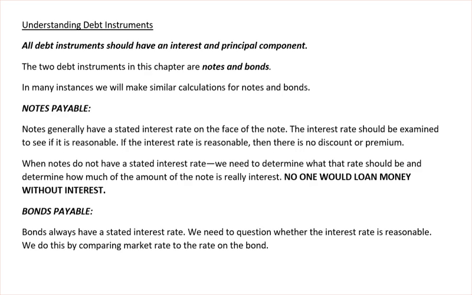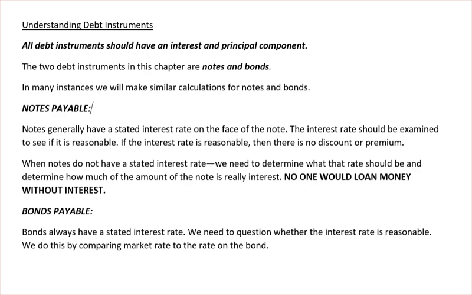And if you don't have that component showing up, you will have to create, of course, a discount so that you have the interest. And if the interest is not reasonable or it's not to market, then of course you're going to have either premium or discount depending on which case it is.